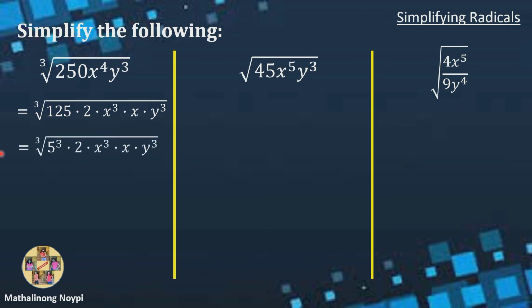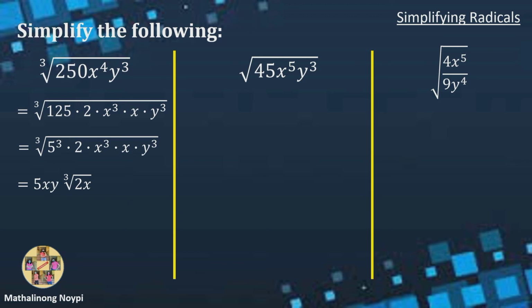So we have the cube root of 5 cubed times 2 times x cubed times x times y cubed. And then we have the final simplified form of the given expression, that is 5xy, the cube root of 2x.